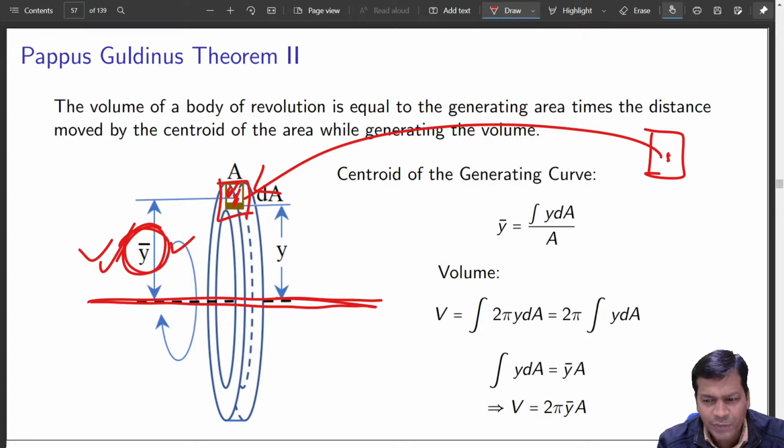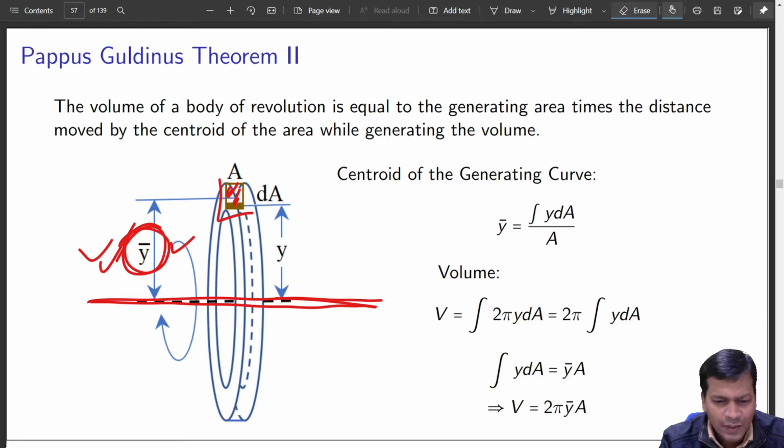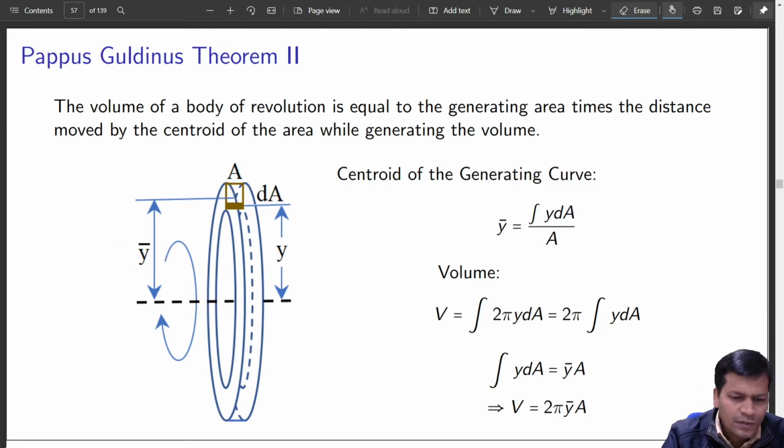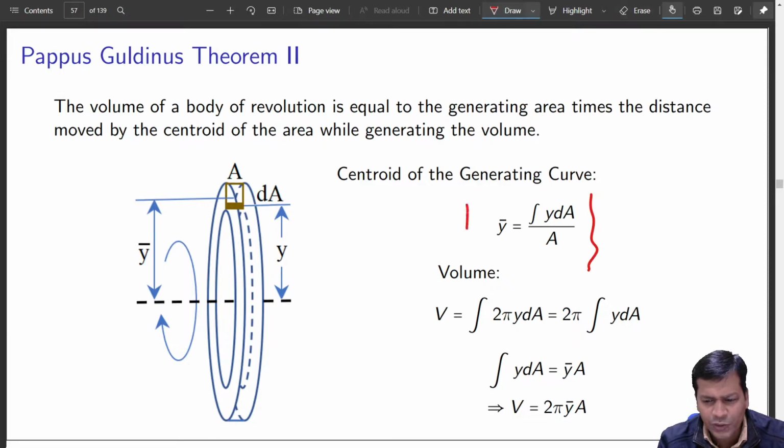What this theorem is going to tell? Very good. So using that only, a similar technique. The centroid of the generating curve is as given by this, as we know from our earlier work. So volume will be equal to 2 pi y dA.